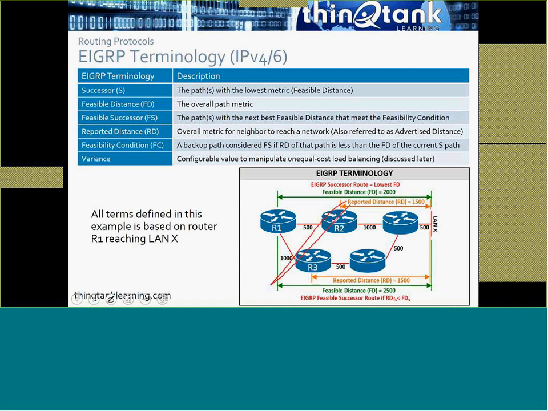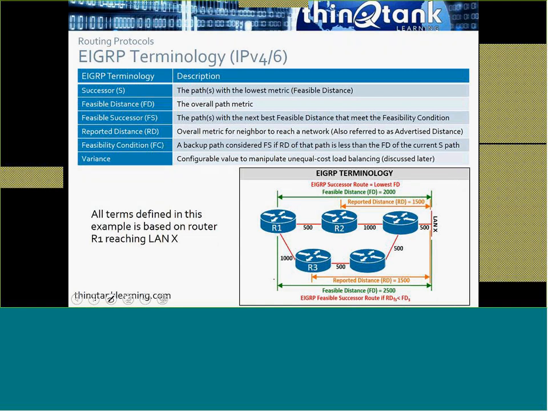In fact, EIGRP pretty much sees up to that point, and that's it. It does routing by rumor. So because it doesn't have a complete picture of the topology, it has to do these sanity checks to make sure that the backup path is not part of the original path. I'm going to draw a diagram that will describe that concept in a little bit. But let's wrap up this part of the discussion first.